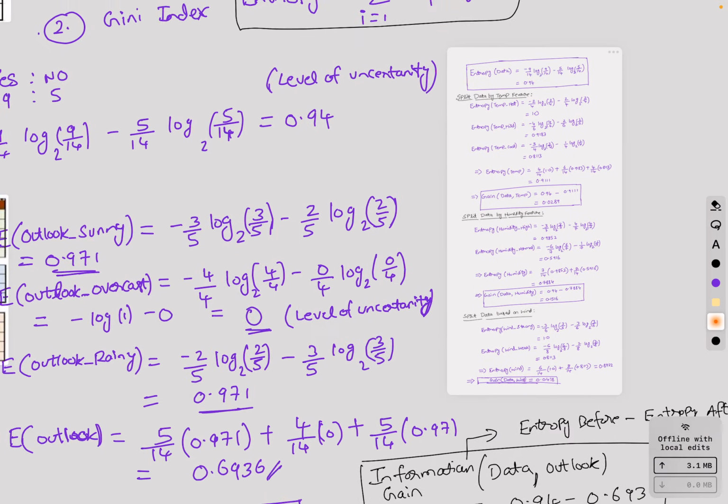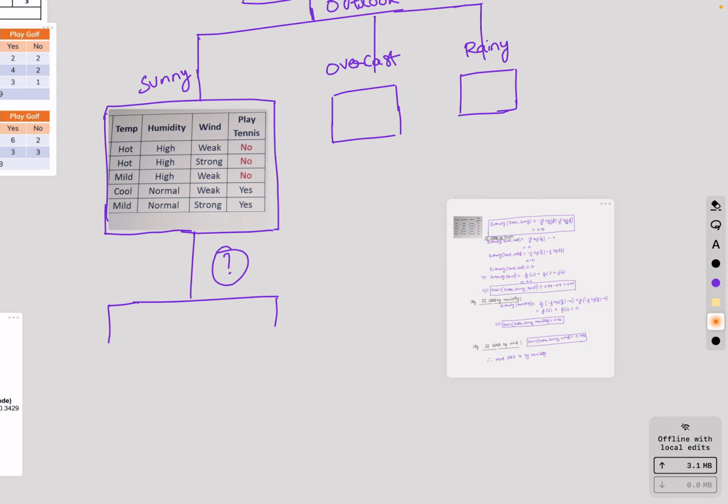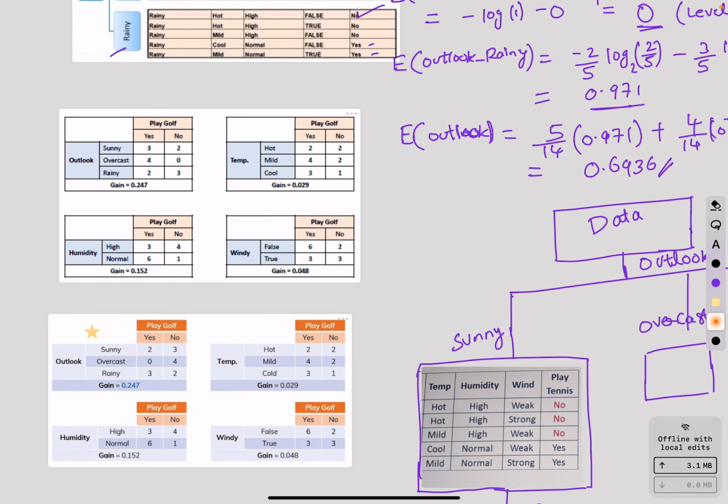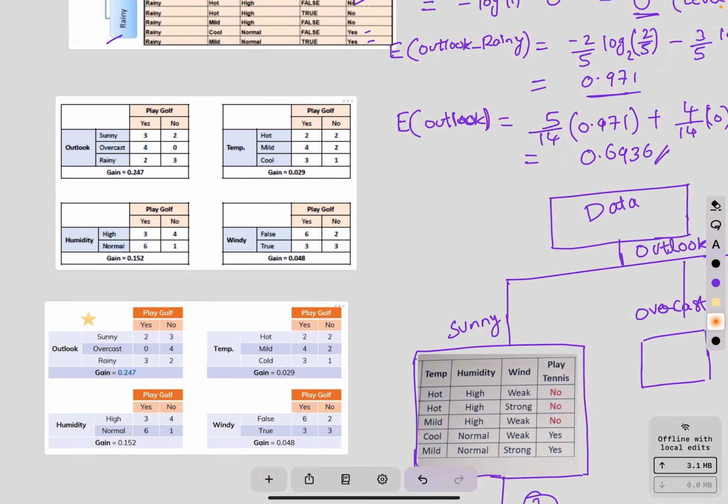If I show you all the information in one place like this, you can clearly see that if I divide my data based on outlook, I have subsets which are sunny, overcast, and rainy. If I divide my data based on temperature, the subsets are hot, mild, and cold, and like this I have.